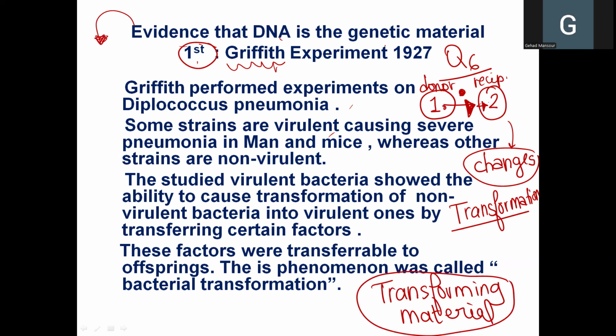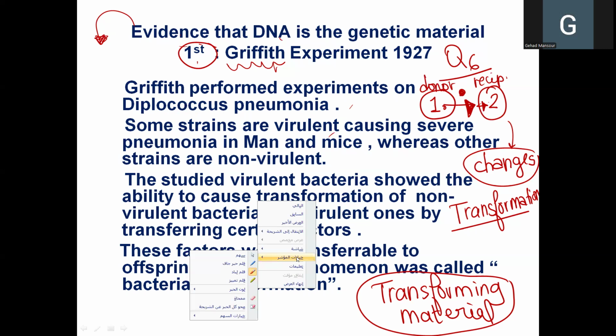The Griffith experiment was about two strains of bacteria, a virulent strain that causes death and a non-virulent strain that does not cause death. So in question number 7, we are going to describe the Griffith experiment in a way that explains the process of transformation.